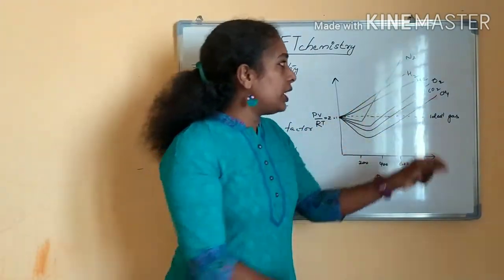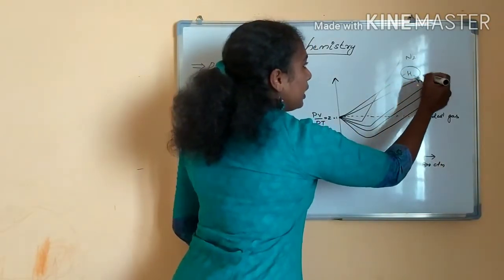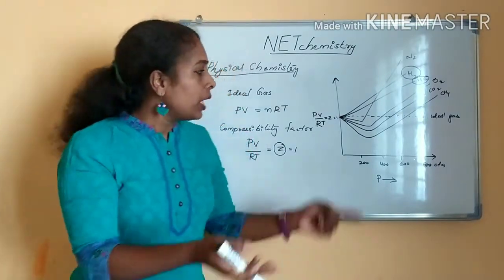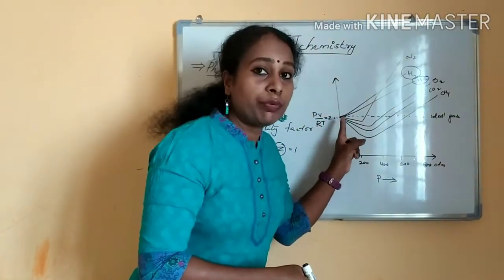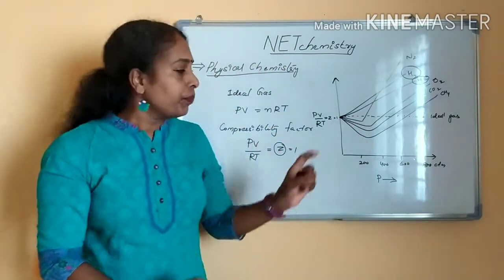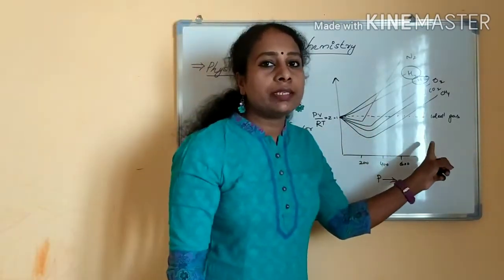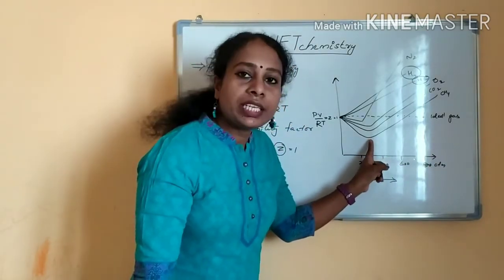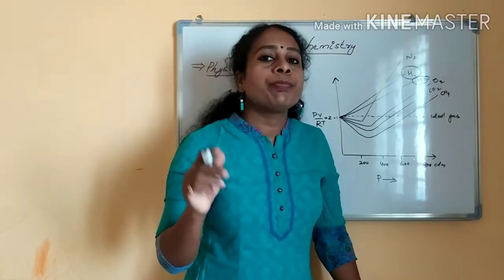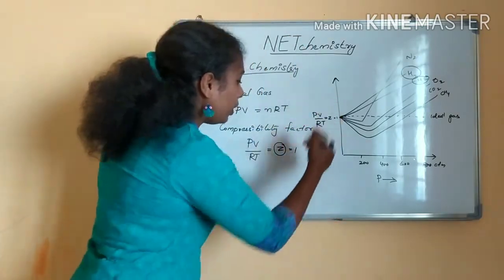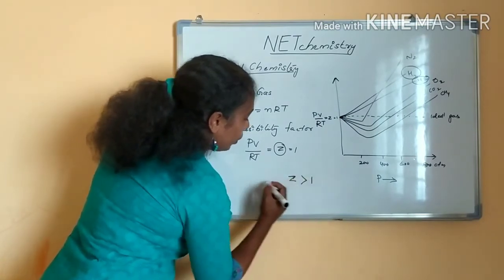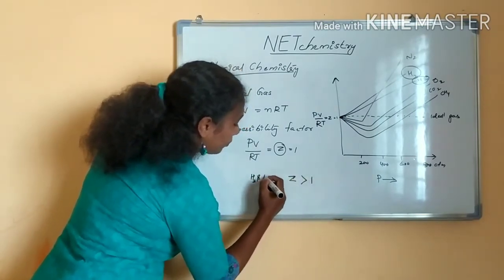If you see hydrogen and helium, their Z value is always greater than 1. For the other gases, at a very low pressure the gases tend to behave ideally. Then as the pressure increases, the Z value decreases to a minimum value, then starts increasing.